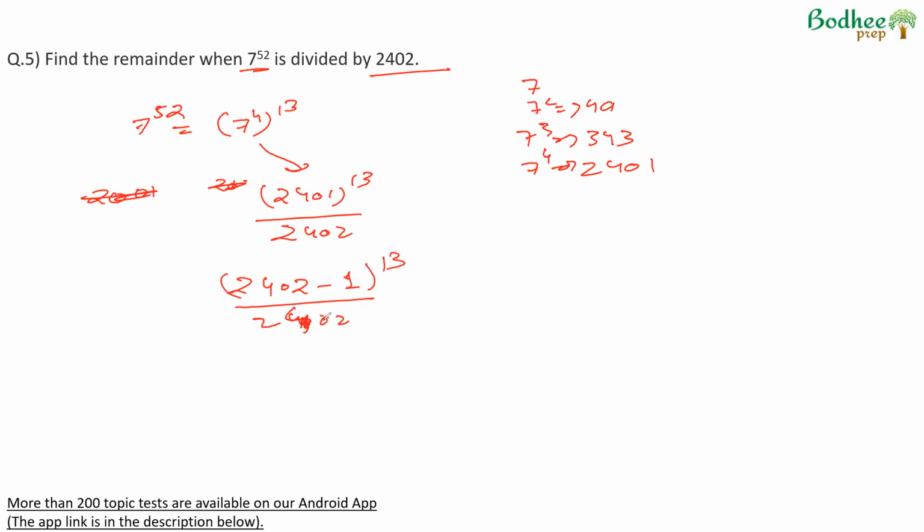The first part is divisible by 2402. Minus 1 therefore will be the remainder. And every time the division happens, minus 1 will be the remainder. So the overall remainder here will be minus 1 raised to power 13, which will come out to minus 1. Negative remainder means the positive remainder will be divisor plus the negative remainder, which is 2401, and that becomes the answer.